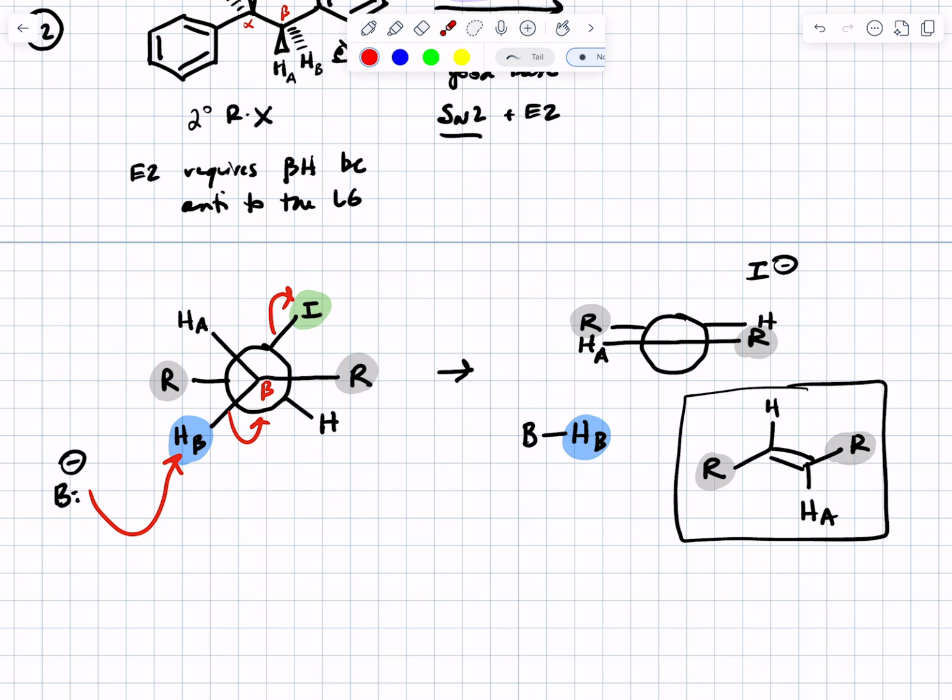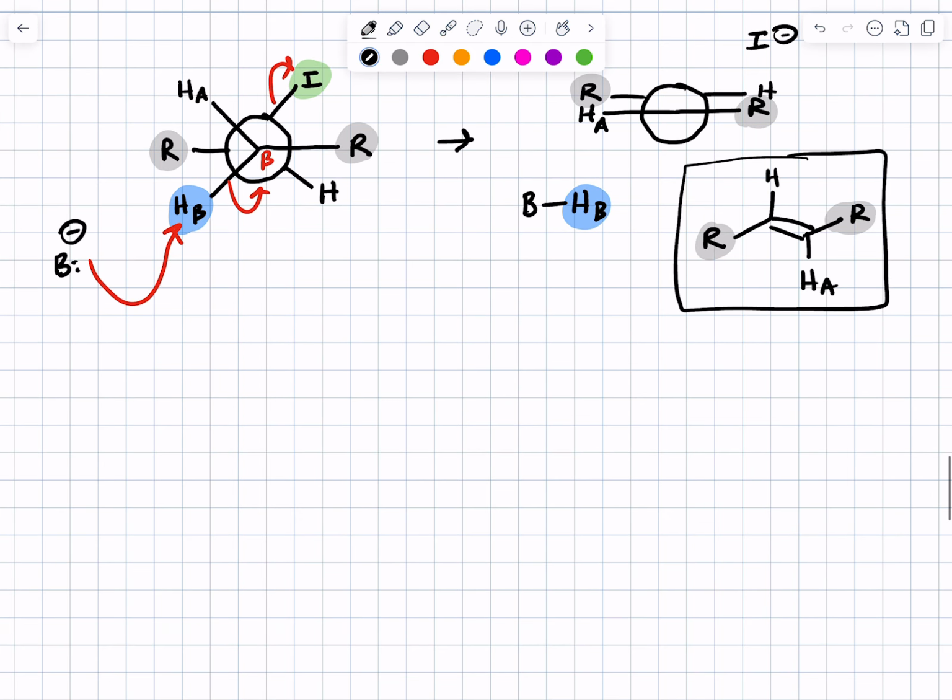Now, is there any other conformation of this starting material that would allow HA to be anti to the leaving group? How would I get that? I can spin around carbon-carbon bonds, right? So let's take the carbon in the front and let's just rotate it, and it looks like that would be a simple 120-degree rotation.